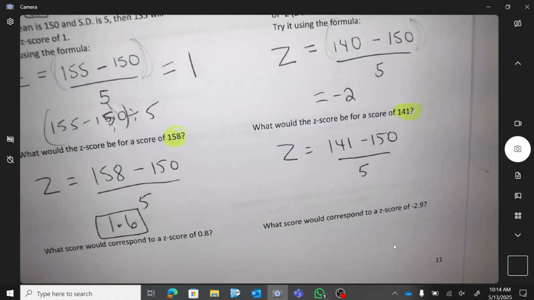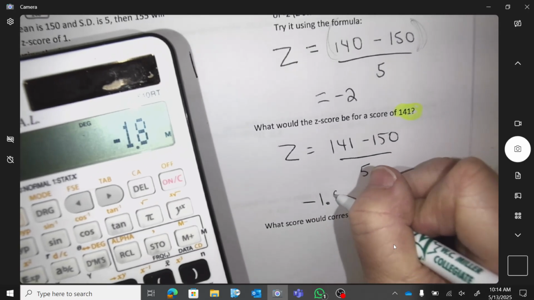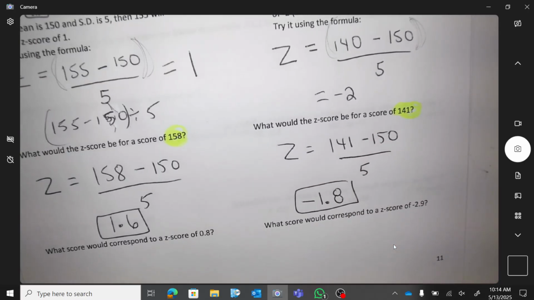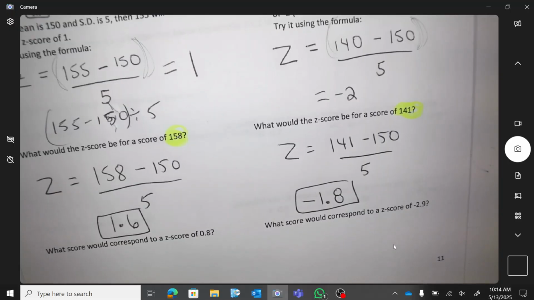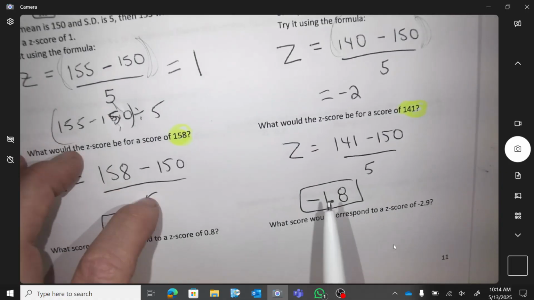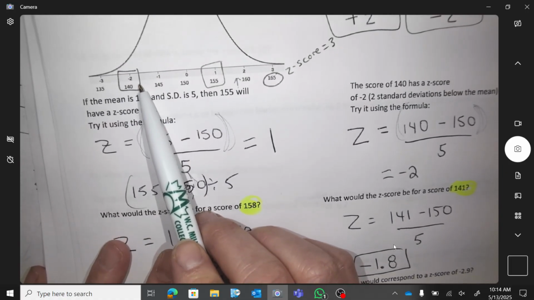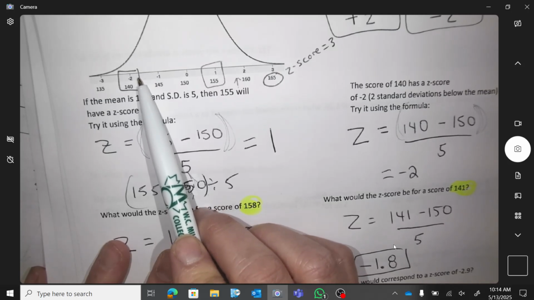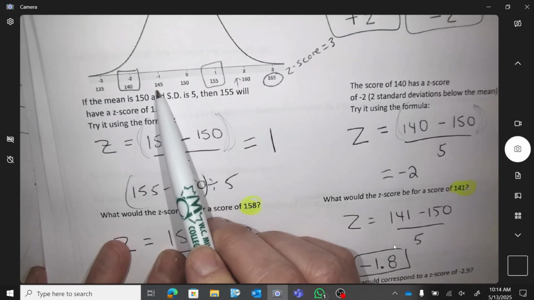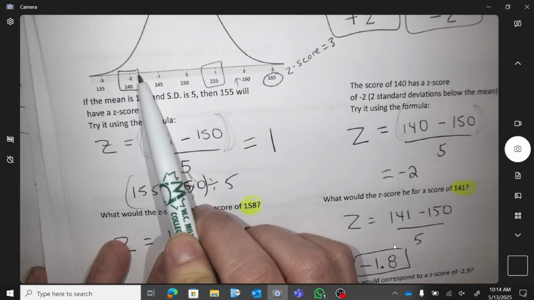Make sure that happens. And does your answer make sense on your chart? Okay, 141 would be about here, because here's 140, here's 145. So does negative 1.8 sound good on the chart?